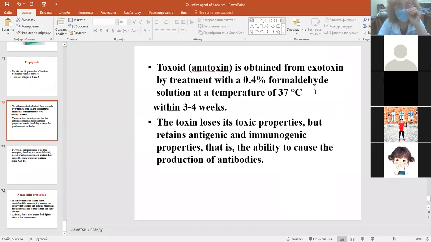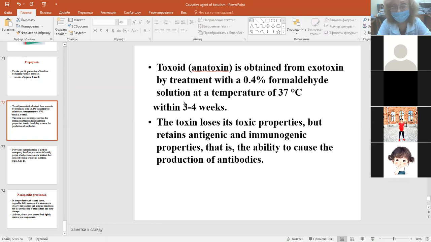Ramon was the first scientist who developed the method, and he used 2 factors. One is a chemical factor, formaldehyde solution. Another is a physical factor, temperature and time. So the toxin loses its toxic properties, but retains antigenic and immunogenic properties.